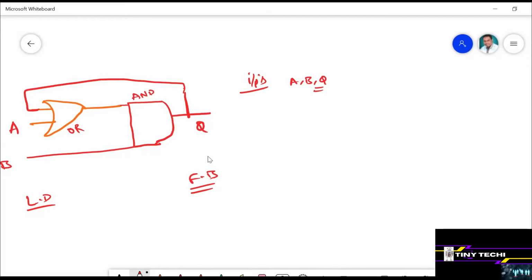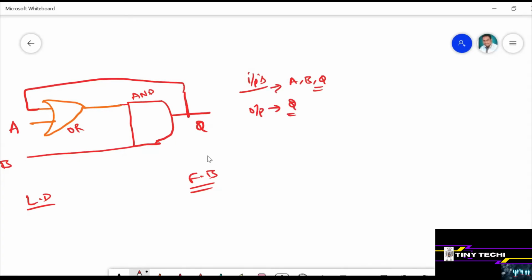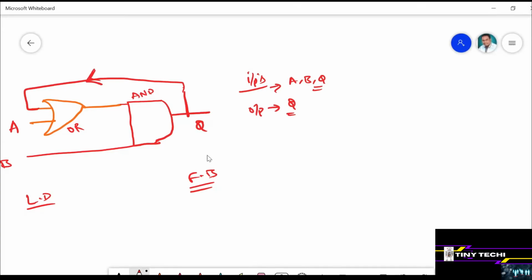Only one output, that is Q. Q acts as the input as well as the output, meaning the output is taken as the input here. The same address of the output is mentioned in the input here.